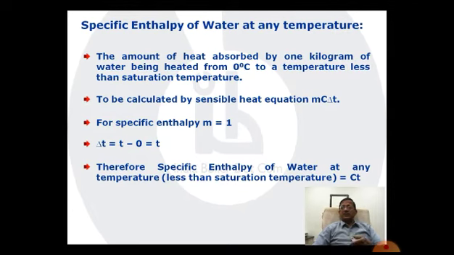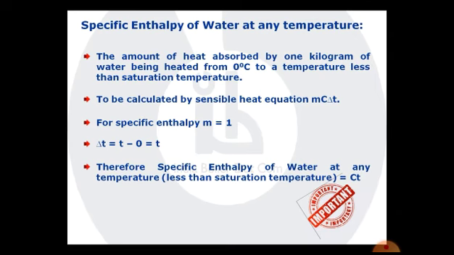Therefore I cannot just find in the steam table where 150 degrees centigrade is given and take the corresponding enthalpy. I have to go with CT. That is, I take the specific heat of water as 4.187 and T as 150 degrees. So simply CT, right? It is very important. Do not make this mistake.